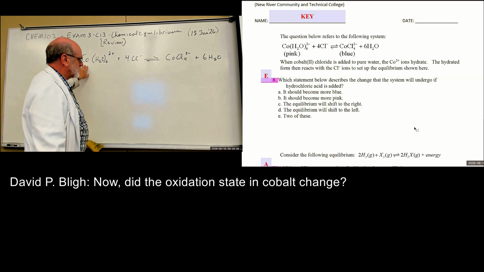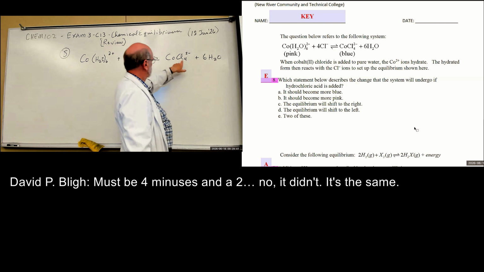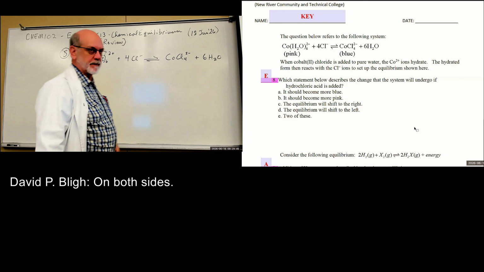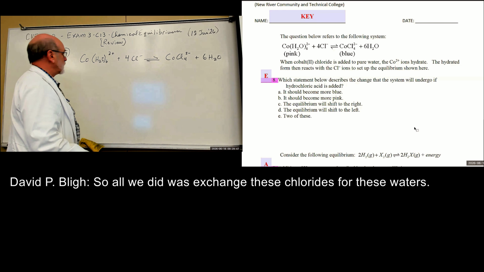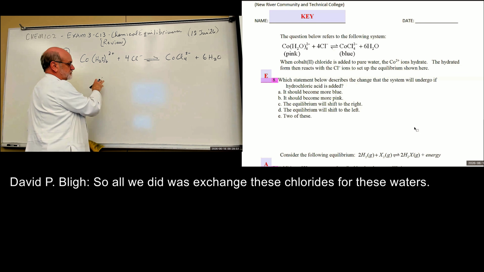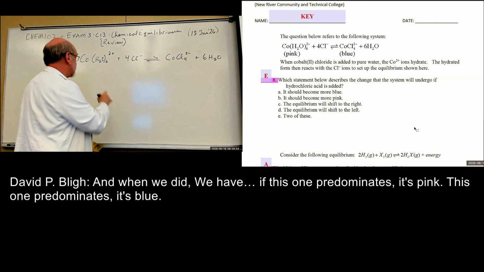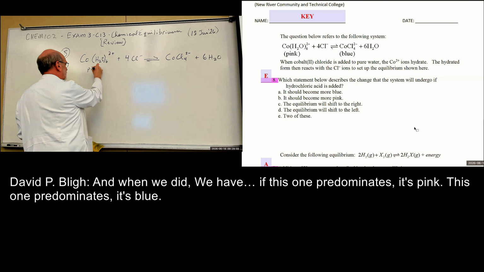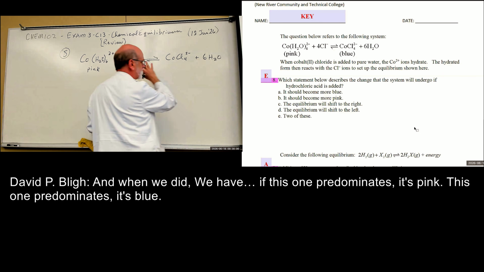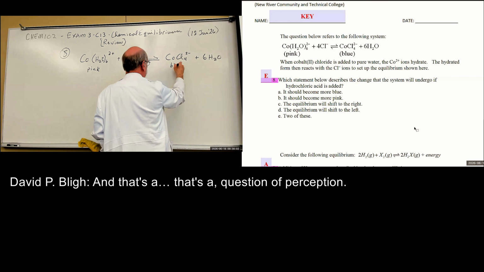Now, did the oxidation state of cobalt change? This would be 4 minuses and a 2. No, it didn't. It's the same on both sides. So all we did was exchange these chlorides for these waters. And when we did, if this one predominates, it's pink. If this one predominates, it's blue.